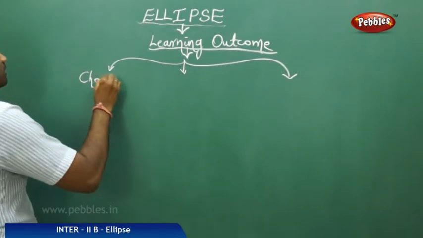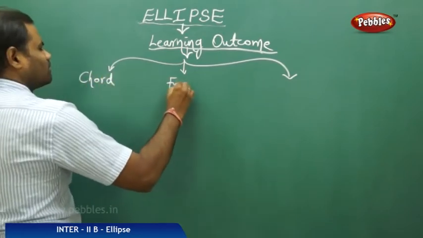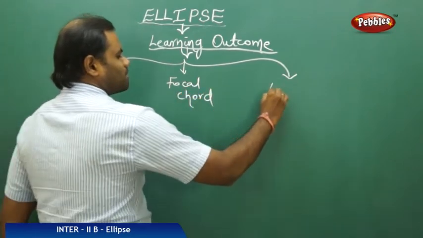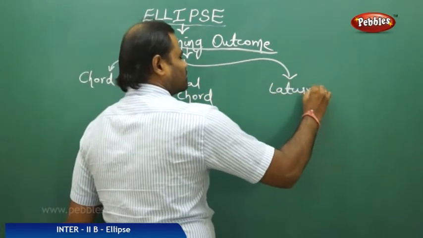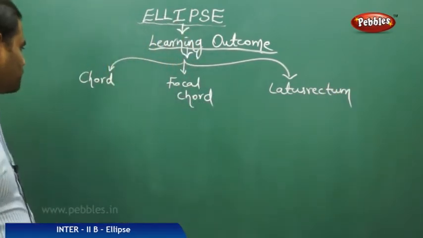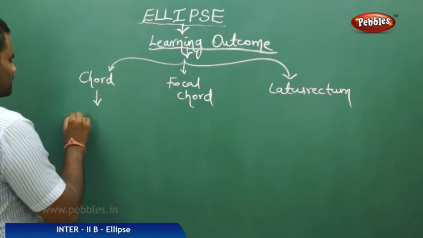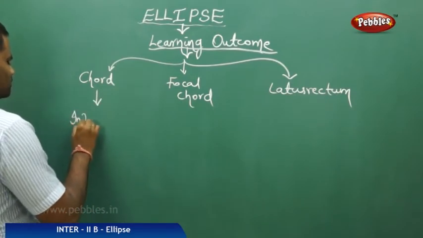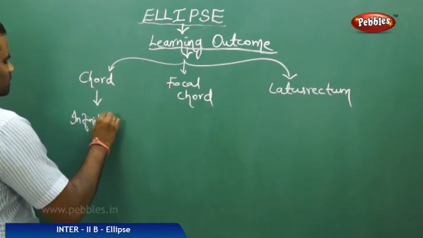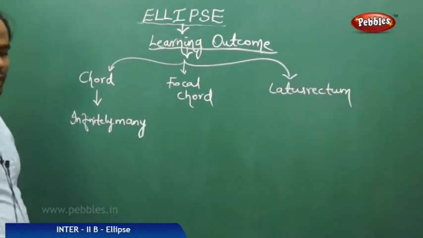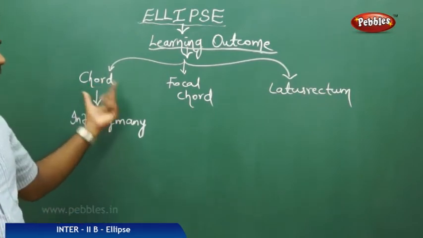We identify that for an ellipse there are infinitely many chords which I can draw.